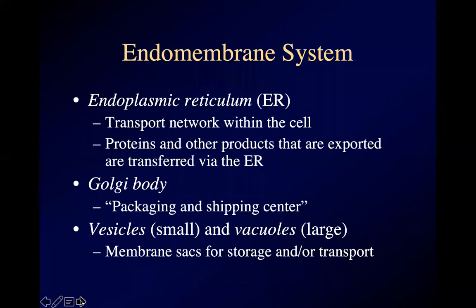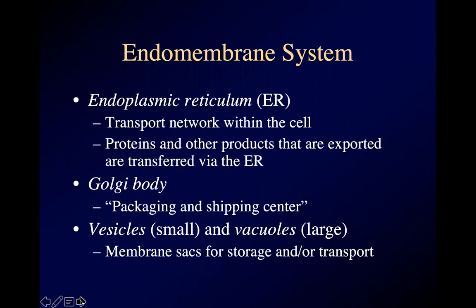So we now know that a good chunk of the inside of a cell is filled up with a network of sheets and folds and tubes and pipes and blips and blobs of membrane, folded up and rolled up inside the cell.